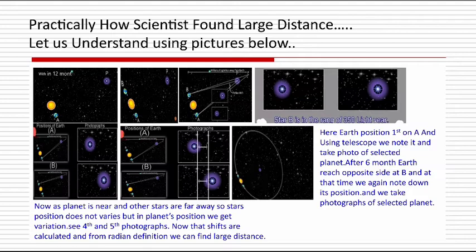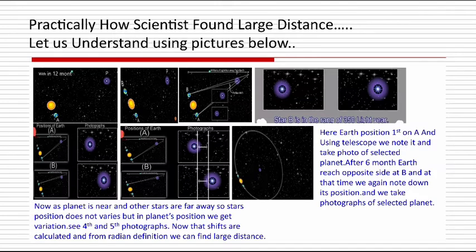As the planet is near and the other stars are far away, the stars' positions do not vary, but the planet's position shows variation. See the fourth and fifth photographs. Once the shifts are calculated, from the radian definition scientists can find the large distance. In this way we can practically find the distance between the Earth and the planet using the parallax method.